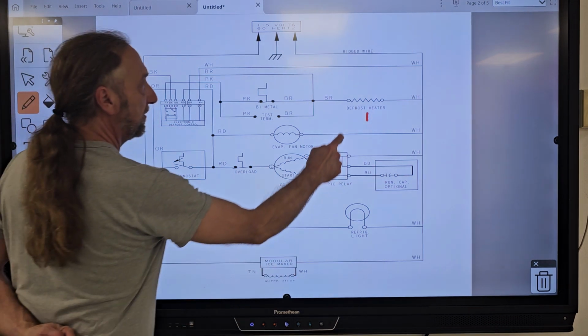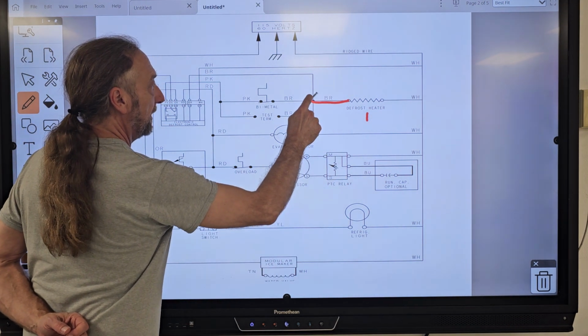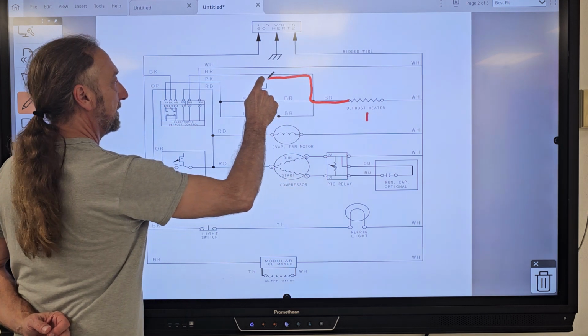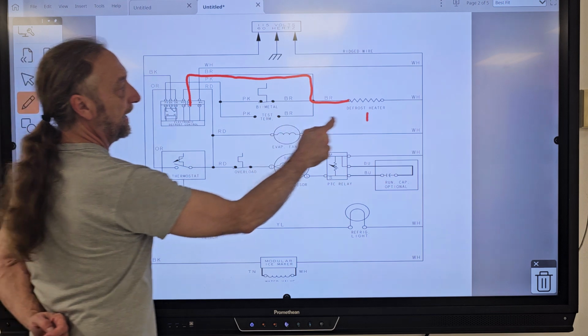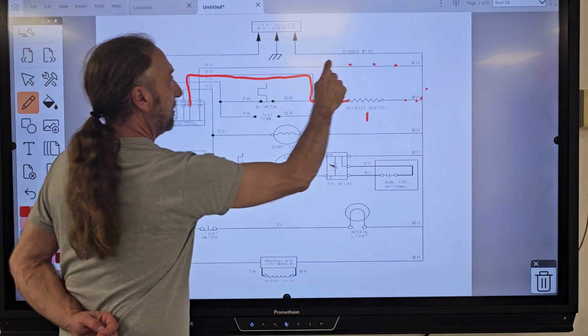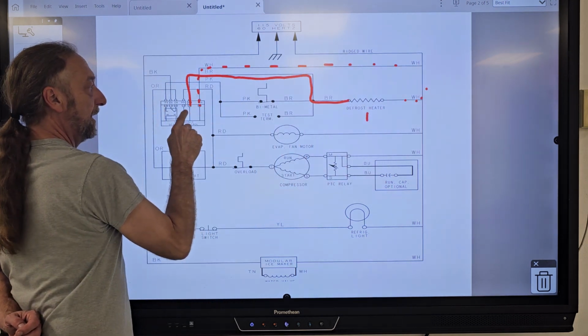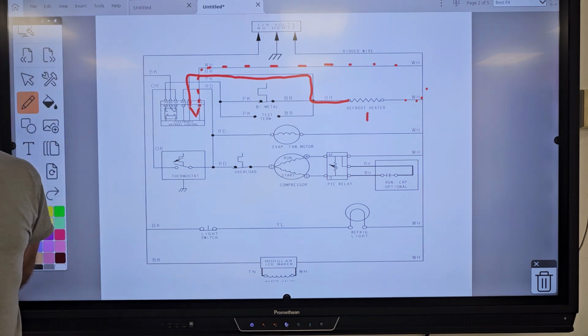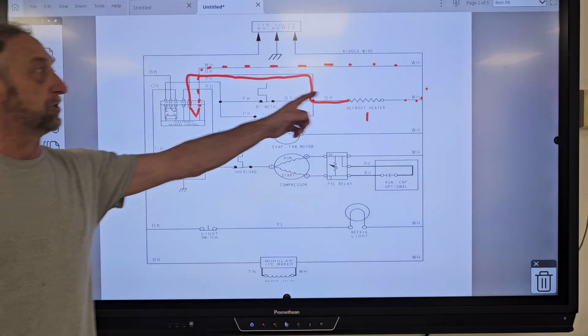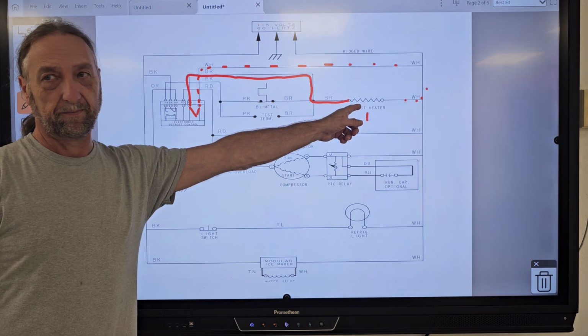So watch this. If I go this way, I got brown here. And if I look at this white, doesn't it go back to here? And I could put my voltmeter right there on my timer, and that would tell me if I got voltage to my heater.